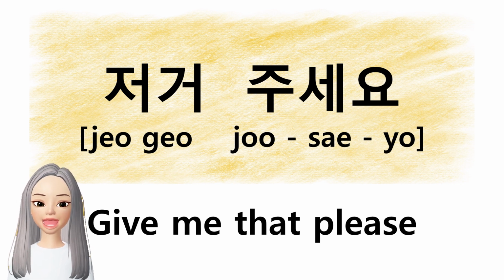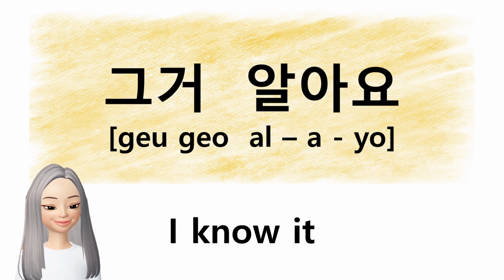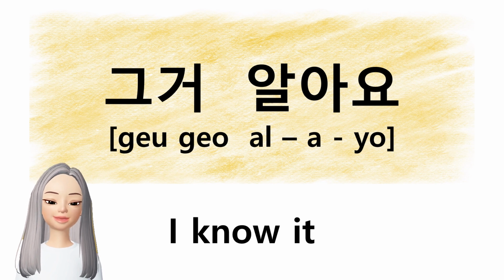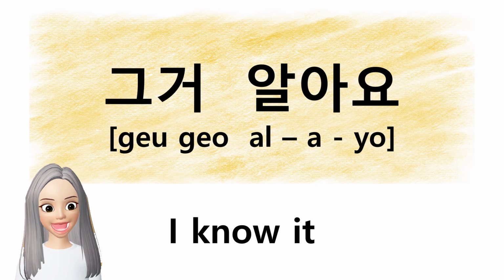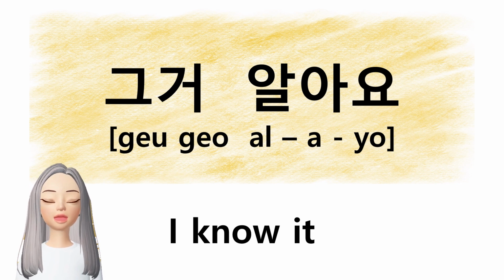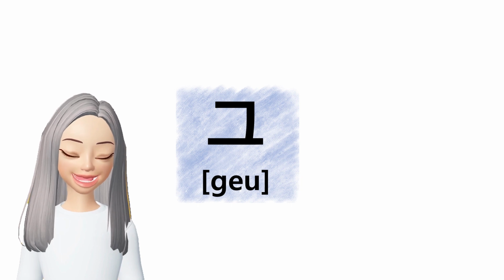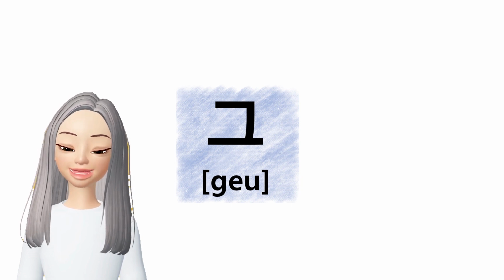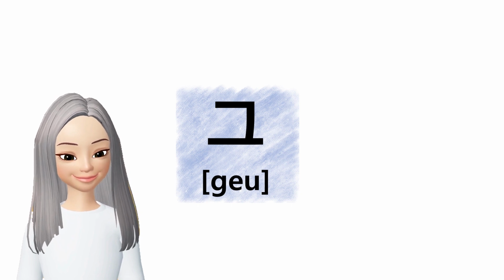You would say 저거 주세요. Using 그거 to say I know it. You would say 그거 알아요. With these examples, I think by now you'll have understood how to use these demonstrative pronouns.